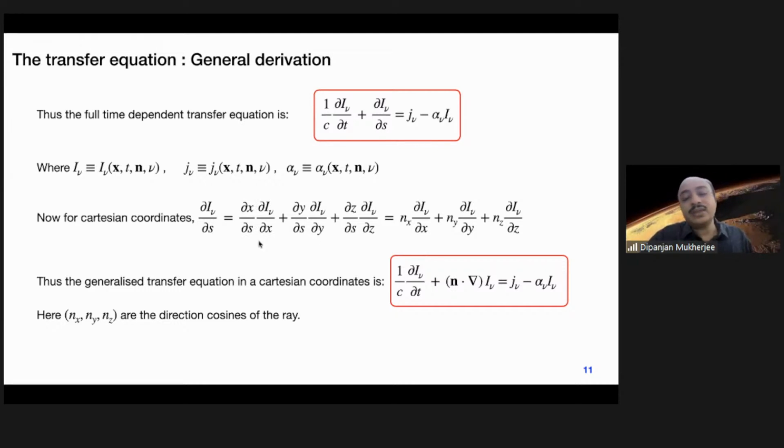From the basics of 3D trigonometry, del x del s is nothing but the direction cosines. So you can recast this term as the direction cosines times the divergence term, or the Nabla operator, equals j nu minus alpha nu I nu.